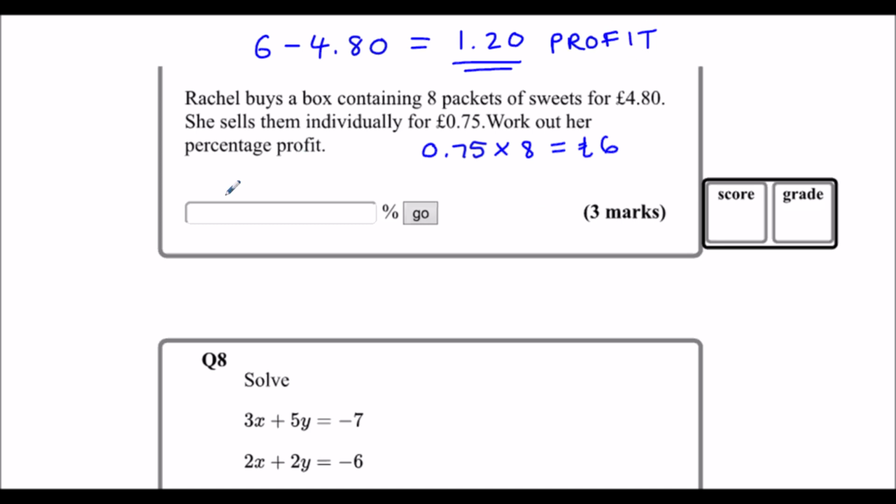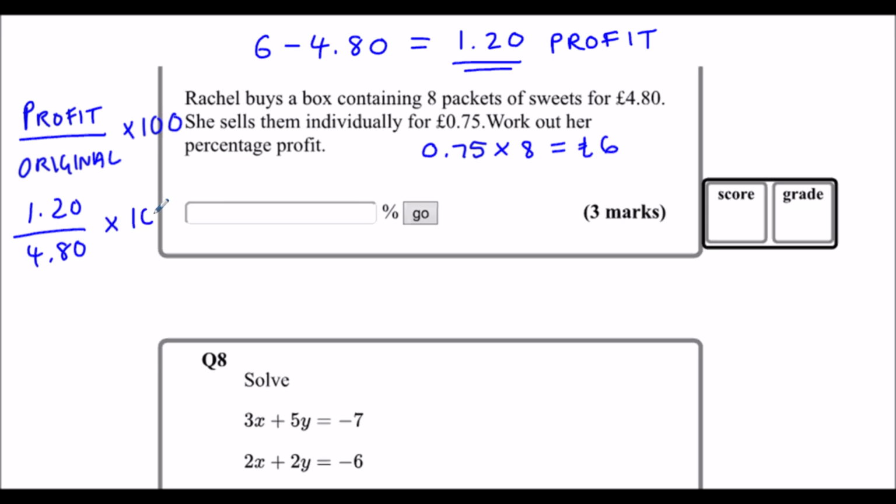But we want her percentage profit. So percentage profit is how much profit she's made, which we've already worked out, divided by what she started with, the original, which is £4.80, times 100. So it's £1.20 over £4.80 times 100.